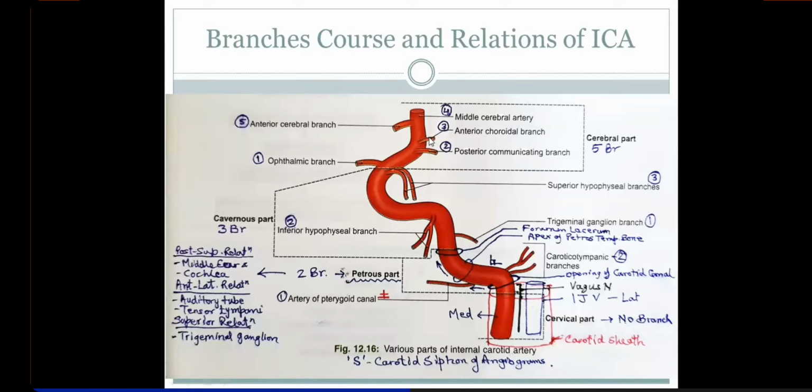So this is the posterior communicating branch. Then you have the anterior choroidal branch, right? This is the anterior choroidal branch, the central branch reaching to the cerebrum and participating in the choroid plexus, right? And the 2 terminal branches: the internal carotid artery terminates in the interpeduncular fossa by giving its 2 terminal branches, the anterior cerebral artery and middle cerebral artery.